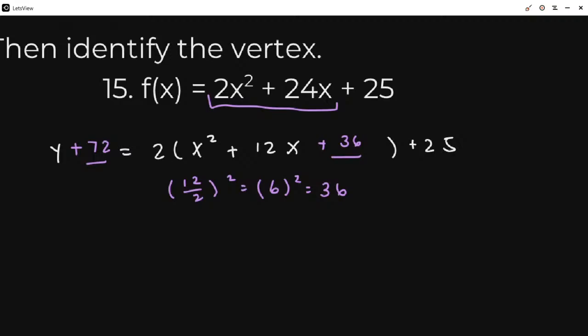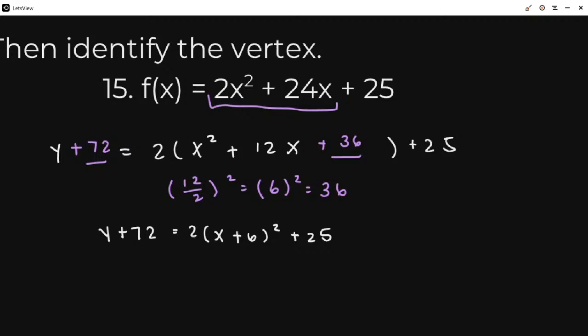So let me say that again. Since our c value is 36, but we factored out this 2 here, we have to multiply it by whatever c value we added. So 2 times 36, which will give us 72, and that's what I added on the other side. Okay, so we get y plus 72 equals 2 times x plus 6 squared plus 25.